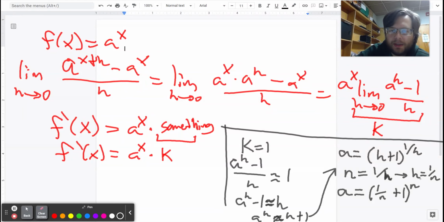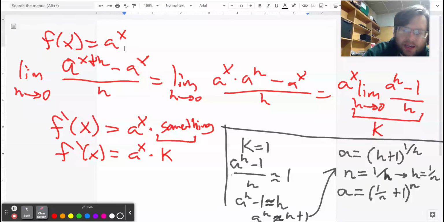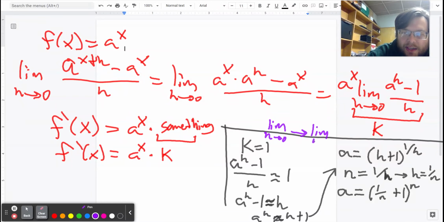And the other piece about it is the original k value was looking at the limit as h approaches 0. So this is an interesting idea, that if you have the limit as h approaches 0, that turns into the limit as n approaches infinity, because we defined n to be 1 over h.